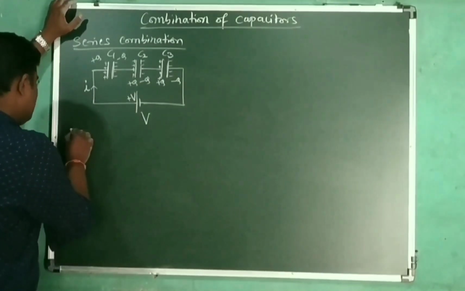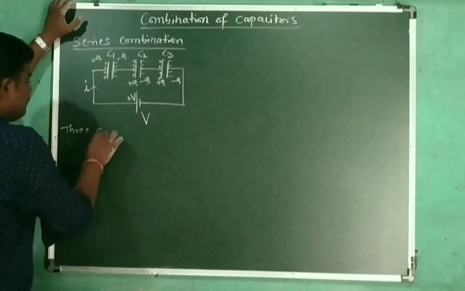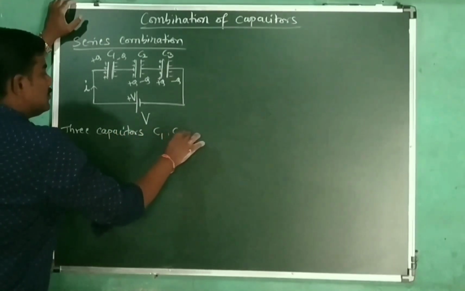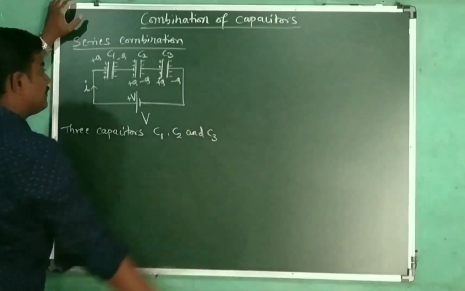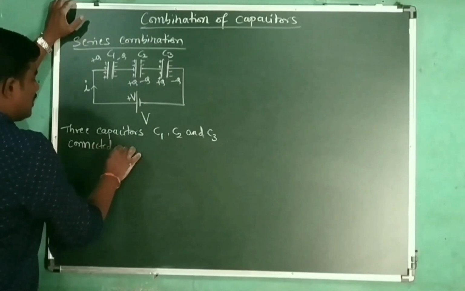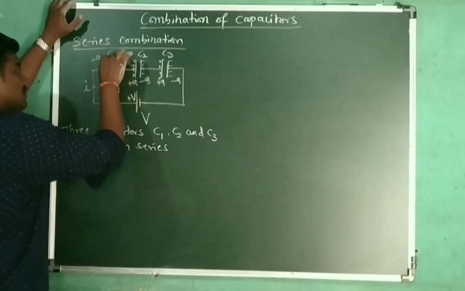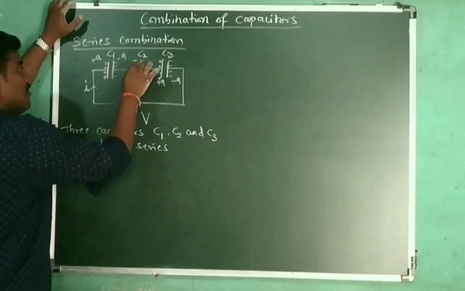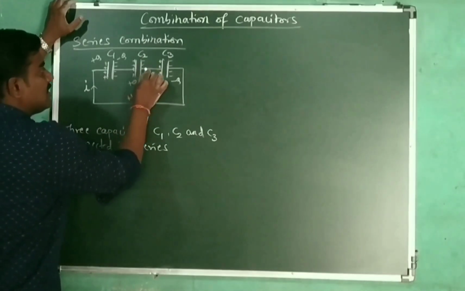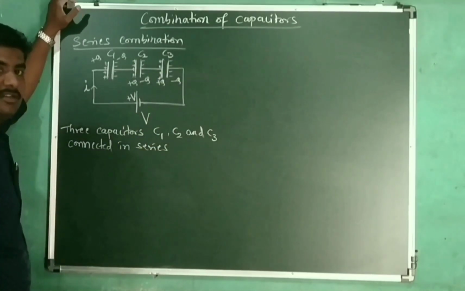See here, three capacitors C1, C2 and C3 connected in series. The second plate of the first capacitor is connected to the first plate of the second capacitor, and the second plate of the second capacitor is connected to the first plate of the third capacitor. This is how the series combination happens.